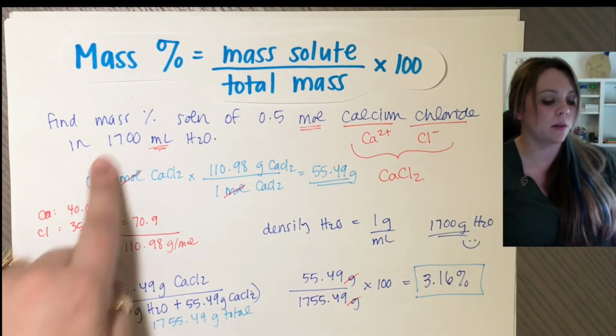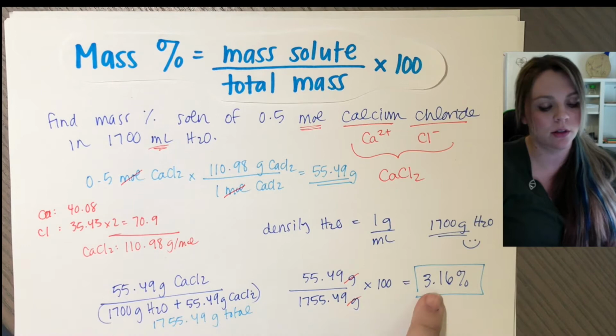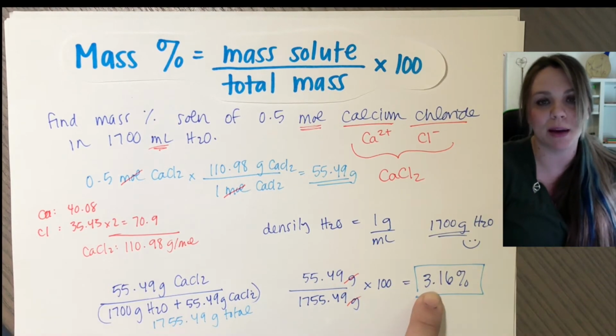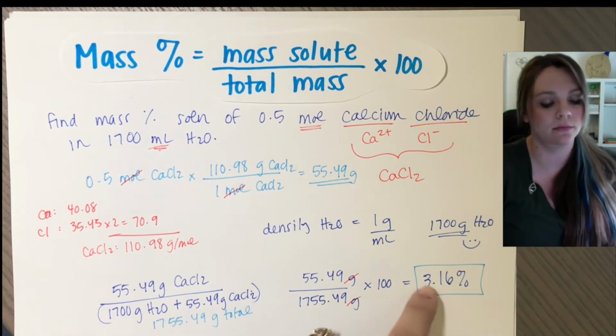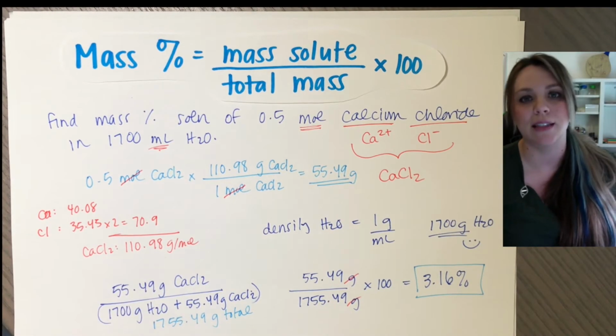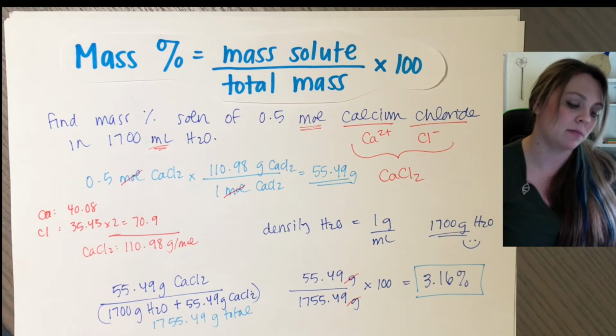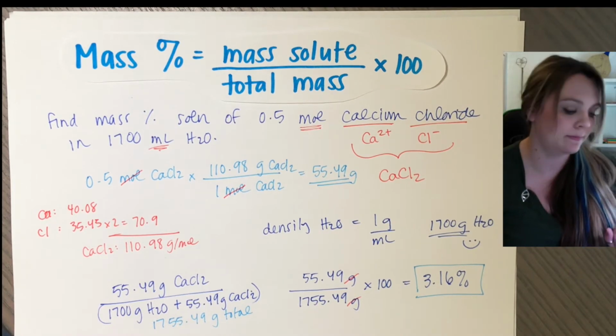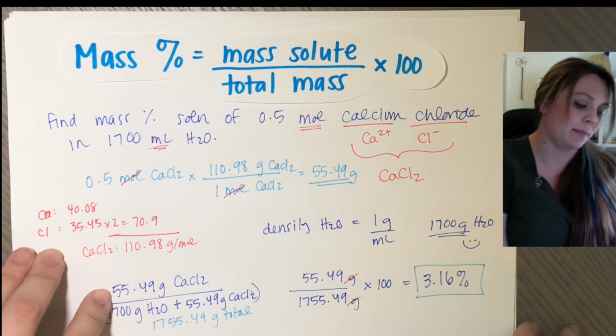Okay, so of this calcium chloride solution, 3.16% of it by mass is calcium chloride. The rest of the percentage, so 96.8-ish % of the mass is just water. Easy enough. All right.